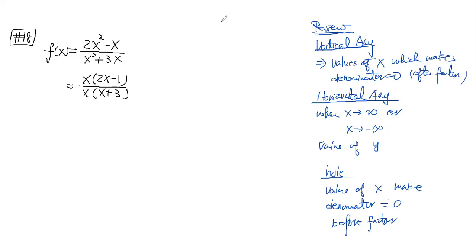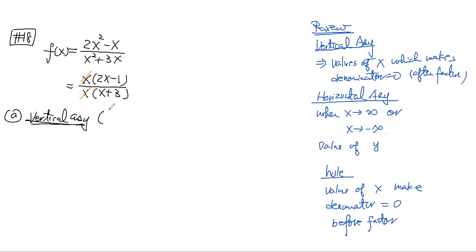Okay, so let's see here, right? So in here, I can cancel this one out, okay? So now, what is my vertical asymptote? My vertical asymptote is, after you factor out, what value makes the denominator equal to 0.